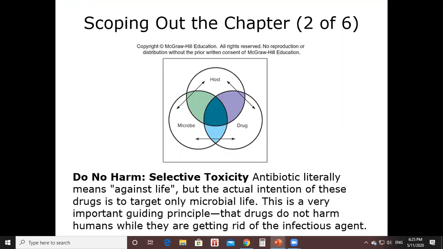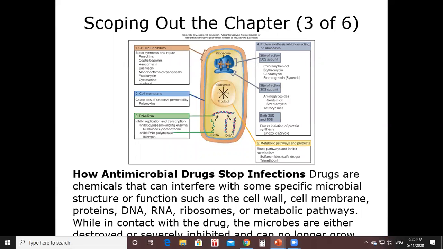So we take a do no harm approach, and so selective toxicity. Antibiotic literally means against life, but the actual intention of these drugs is to target only microbial life. This is a very important guiding principle: drugs do no harm, do not harm humans while they are getting rid of the infectious agent. And then we're going to look at how antimicrobial drugs stop infections.